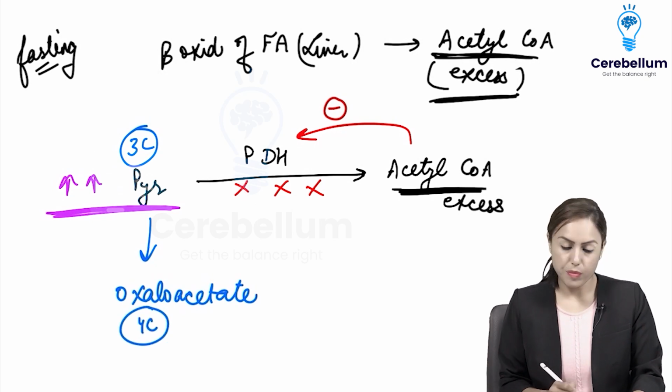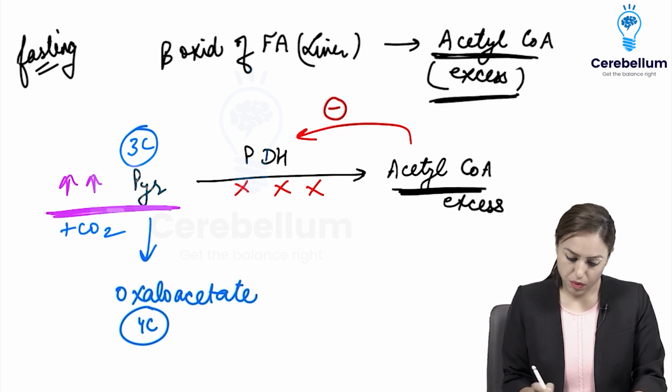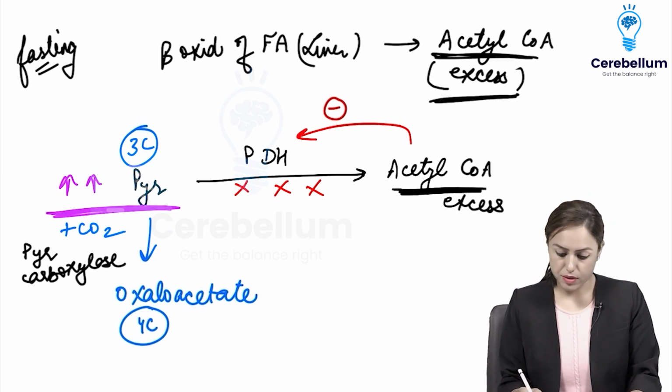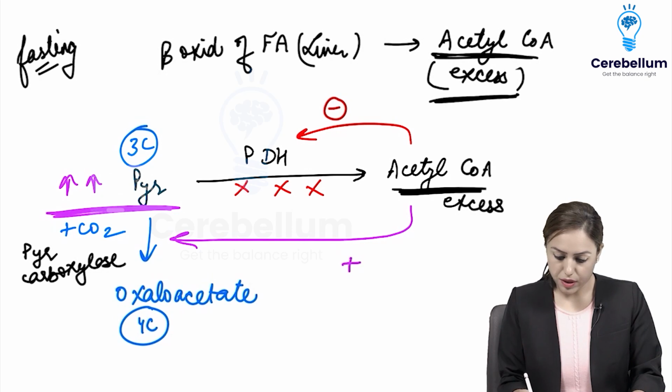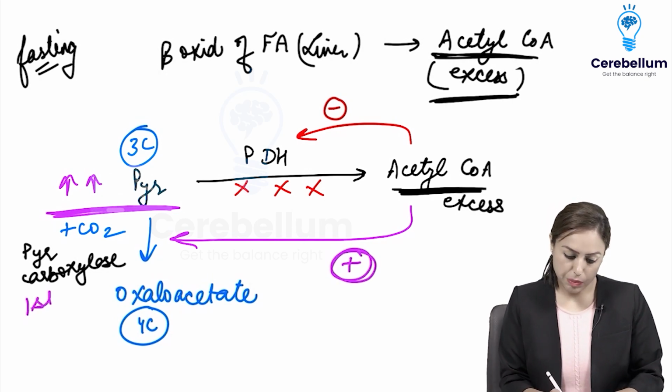Oxaloacetate is a 4-carbon compound. So we need to add carbon dioxide here. So the name of the enzyme will be pyruvate carboxylase.